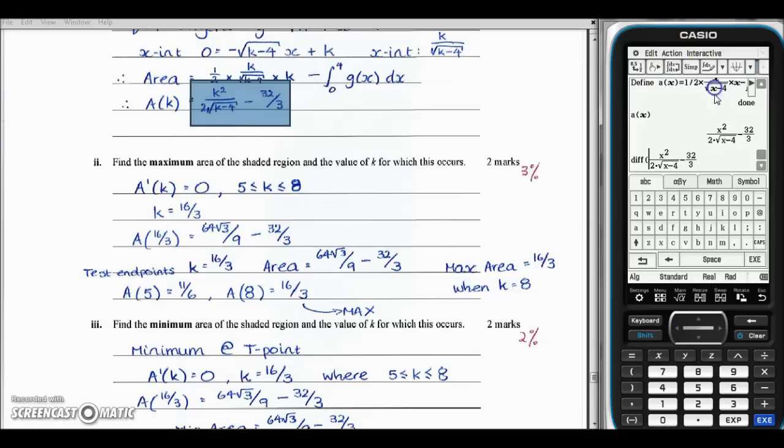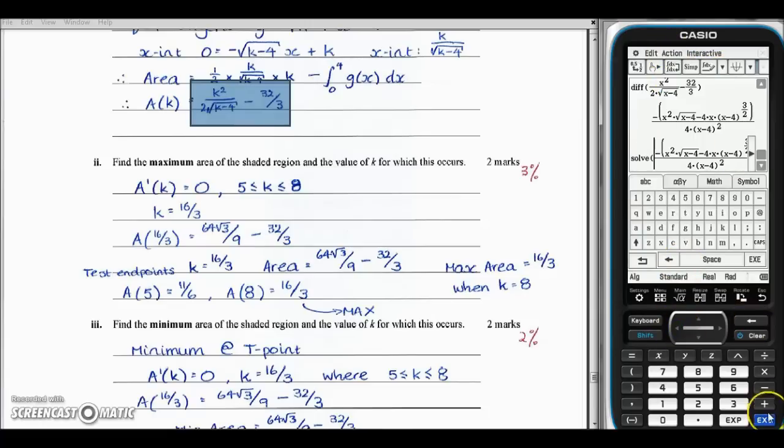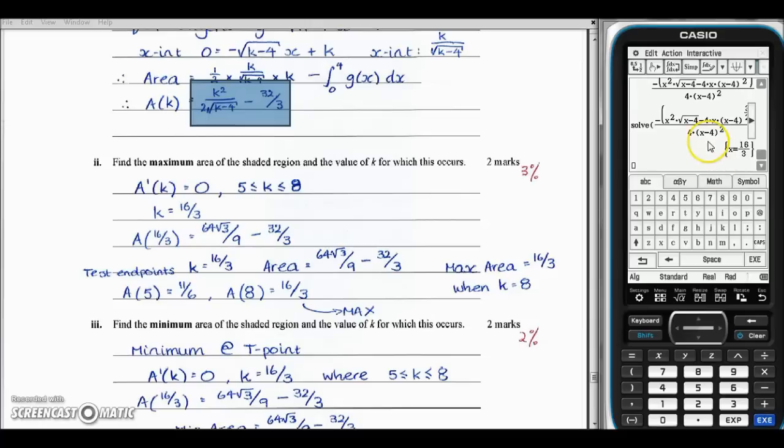I'm going to diff it. I'm going to set that horrible looking thing equal to 0, and I'm going to solve. And what I'll get is 16 on 3.